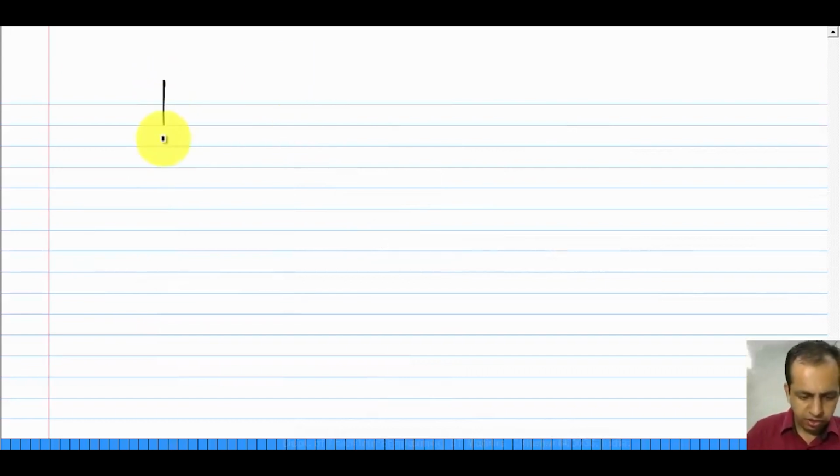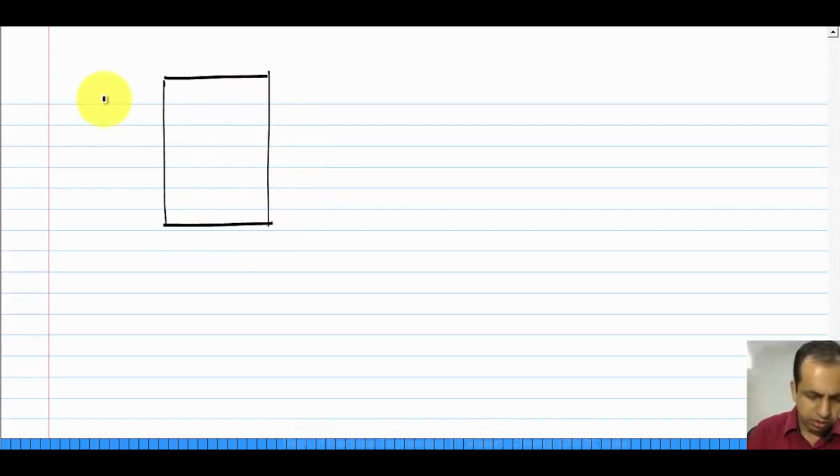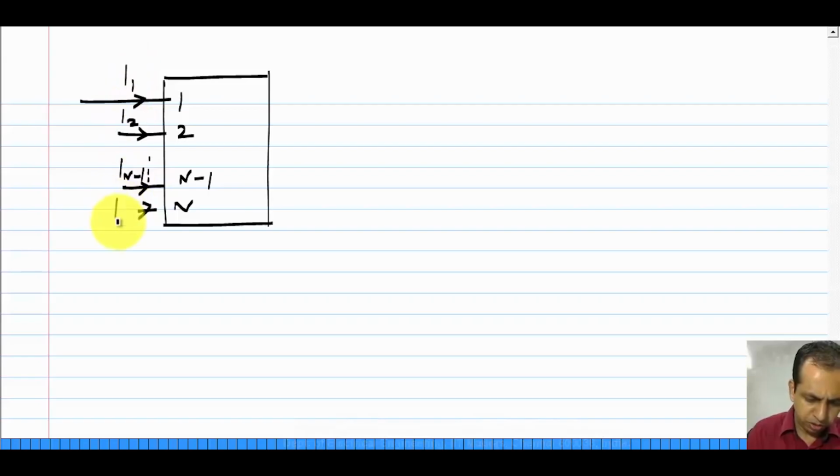So, let me again consider the same n terminal element, and we have n currents, I 1, I 2, I n minus 1 and I n. Of course, there is no other connection to this n terminal element.